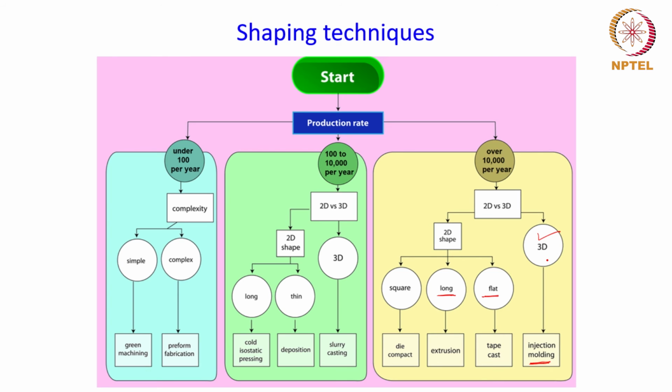Rather, you may need a process which can handle it in a different way, in the sense that it will basically deal with wet powders, in the sense that the powder will be made into some kind of slurry and then formed into the required shape. In the injection molding also we have seen that a slurry is made, but that was primarily through a binder which was melted to make that slurry.